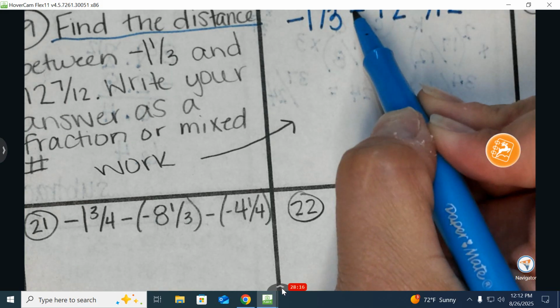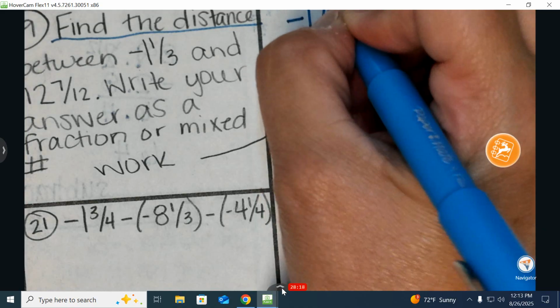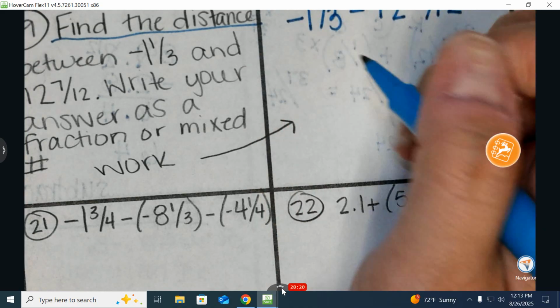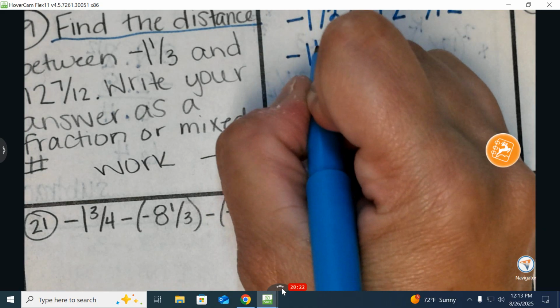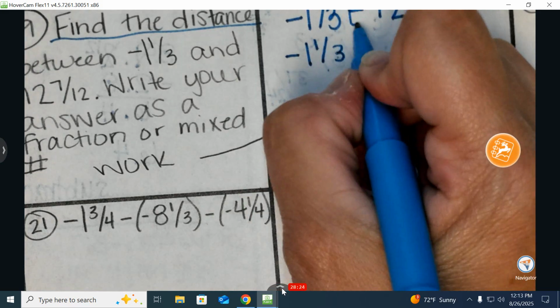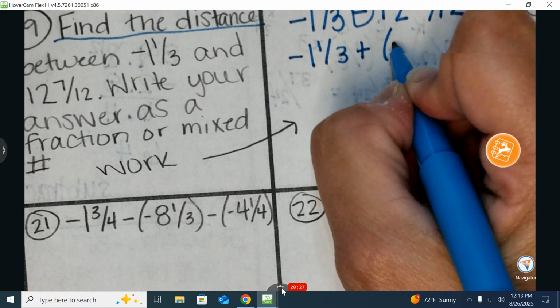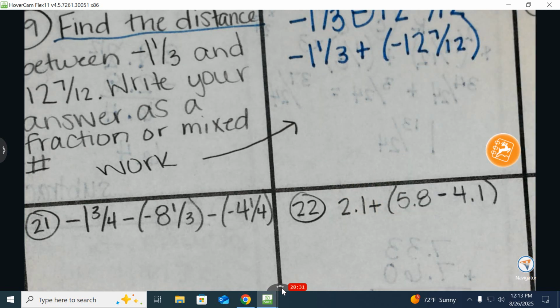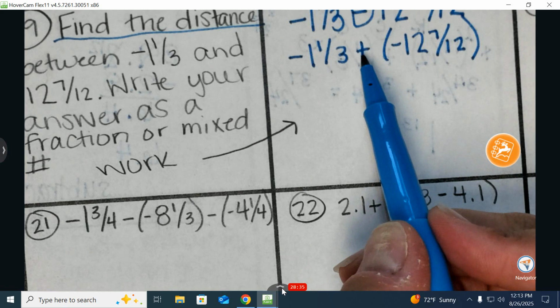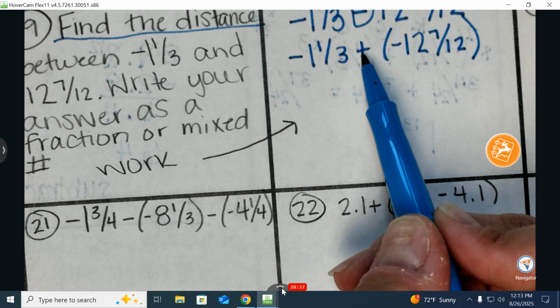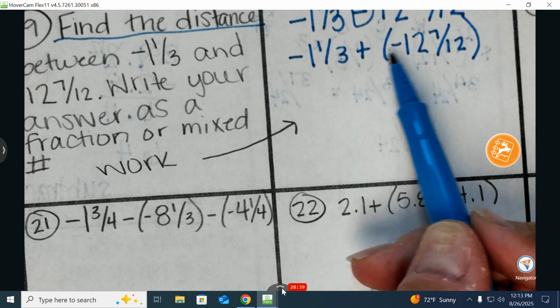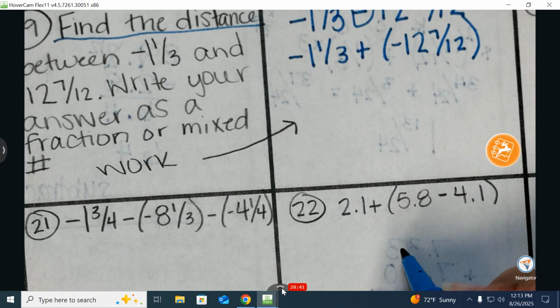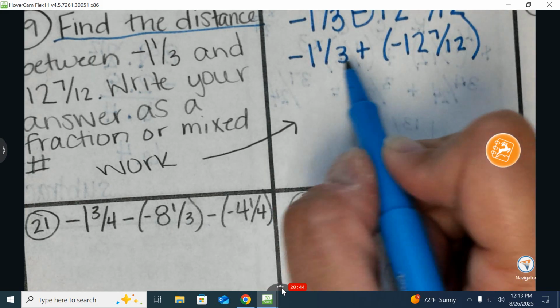You're subtracting, so you need to do keep, change, change. So I'm going to have -1 1/3 plus -12 and 7/12. It does say add, so we would add and keep the sign because they're the same signs. But I cannot do that yet because they don't have common denominators.